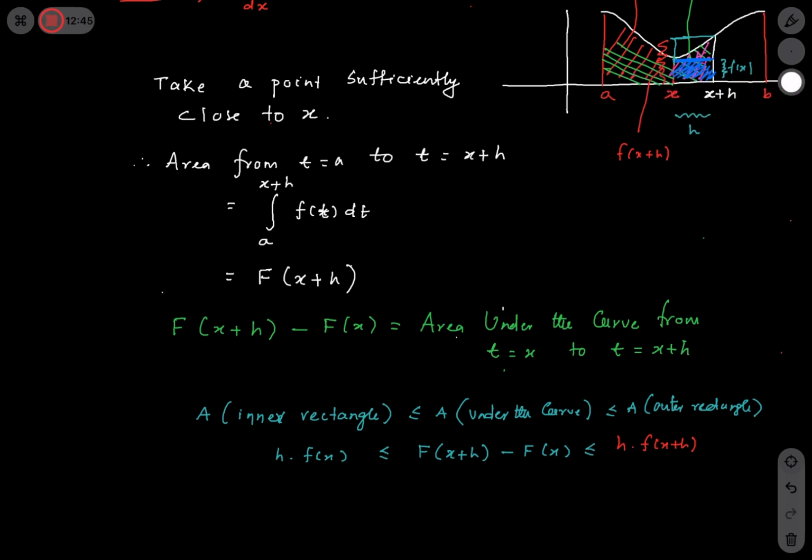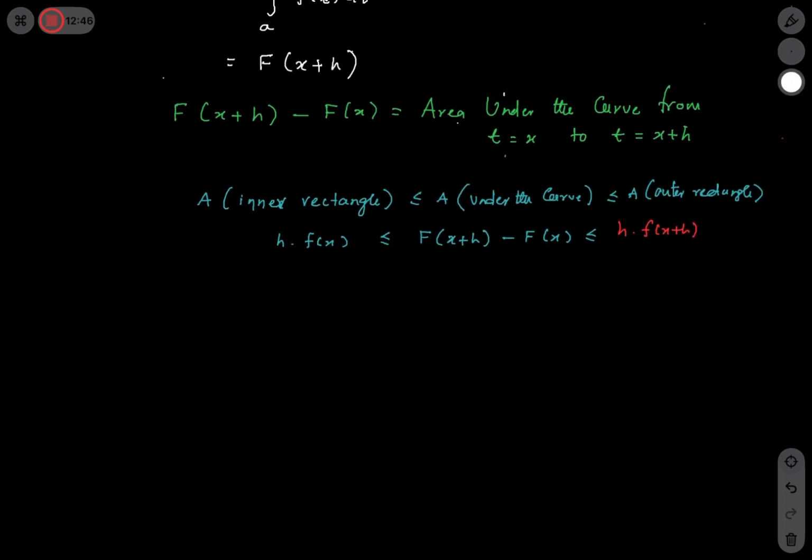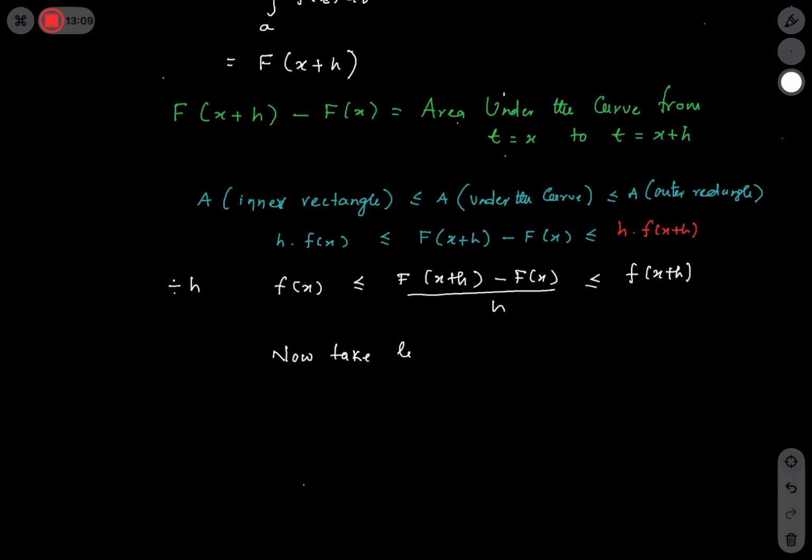Now what you do actually, divide throughout by h. So f(x) is less than or equal to F(x plus h) minus F(x) whole upon h, less than or equal to f(x plus h). Now you take the limit h tending to 0.